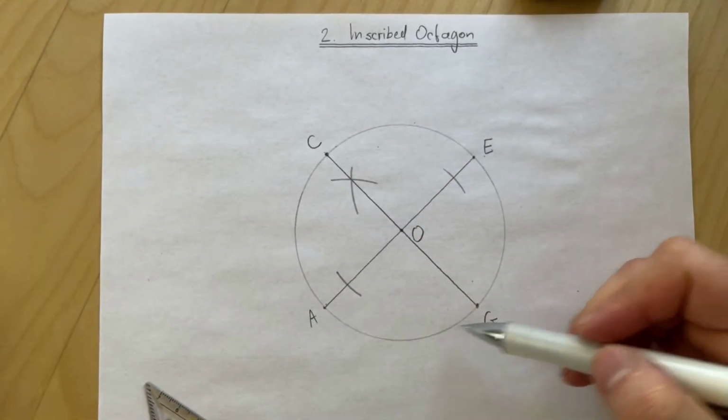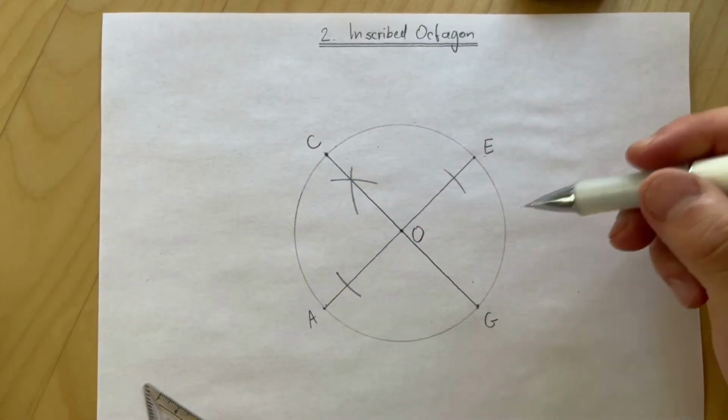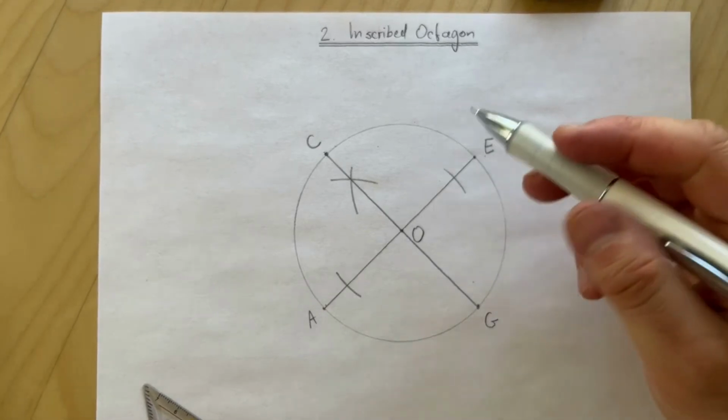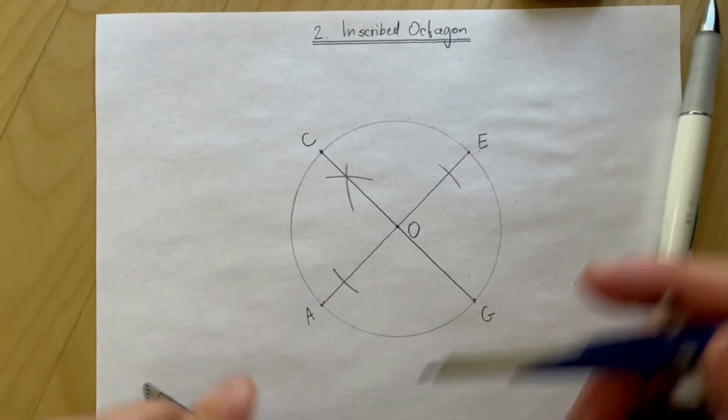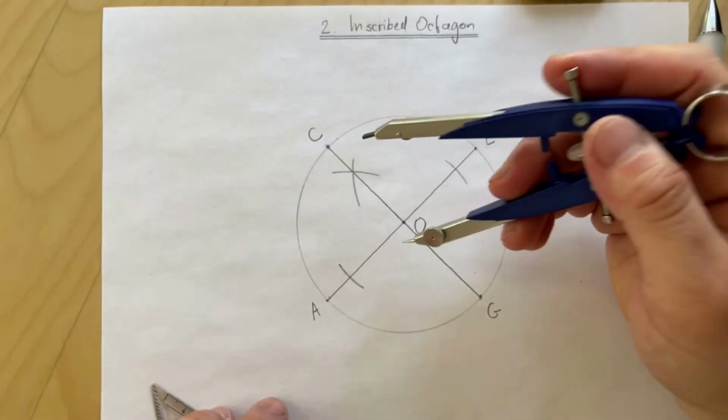So if we would connect these points, we would have a square ACEG. But now what we want to do is bisect these angles, okay? So let's, for example, bisect angle AOC.